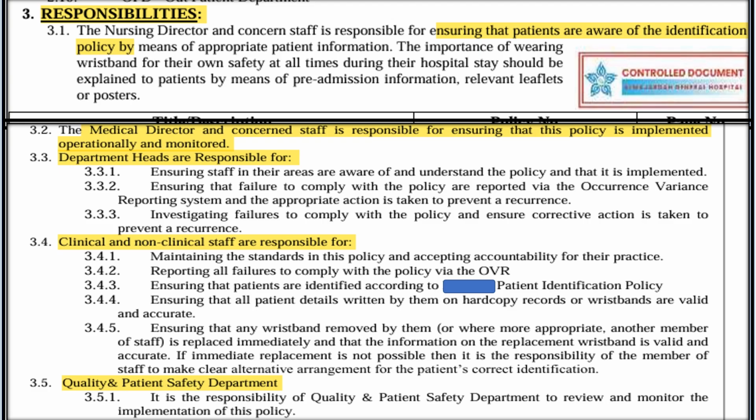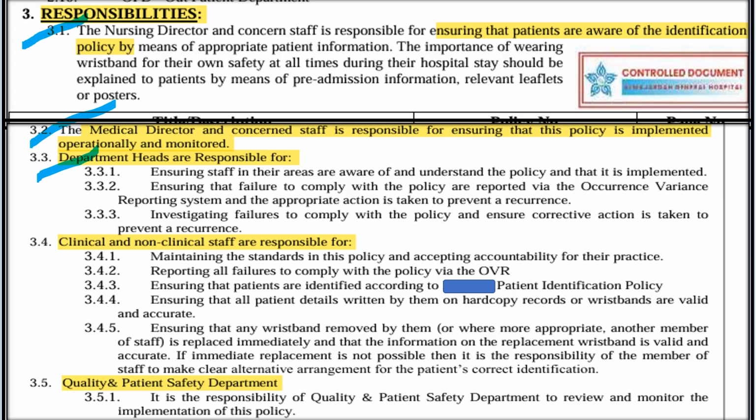Okay, now moving on to the responsibilities of patient identification. Starting with the nursing director and concerned staff, they are responsible for ensuring that patients are aware of the identification policy by means of appropriate patient information. The medical director and concerned staff are responsible for ensuring that this policy is implemented operationally and monitored. The department heads are responsible for ensuring that in their areas, staff are aware of and understand the policy and that it is implemented.